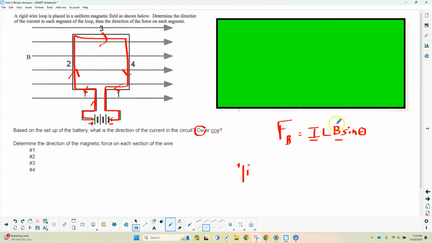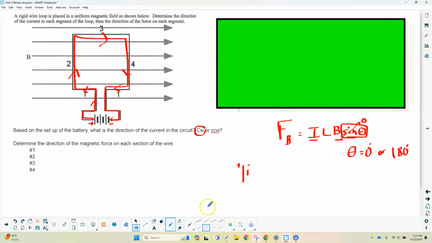Sometimes sine theta can go to 0. That whole term goes to 0 when theta is equal to 0, or 0 degrees, or 180 degrees. What that means is if the wire is running parallel or anti-parallel, so with or against the magnetic field lines, then this term goes to 0. Anything times 0 would make it go to 0.